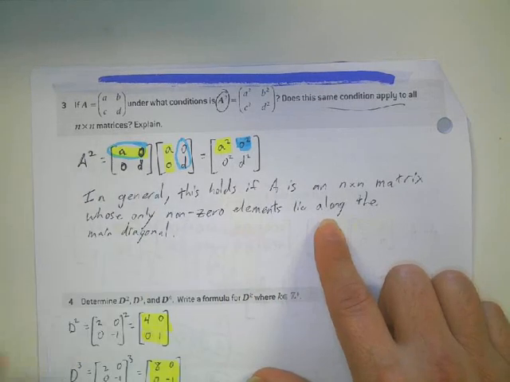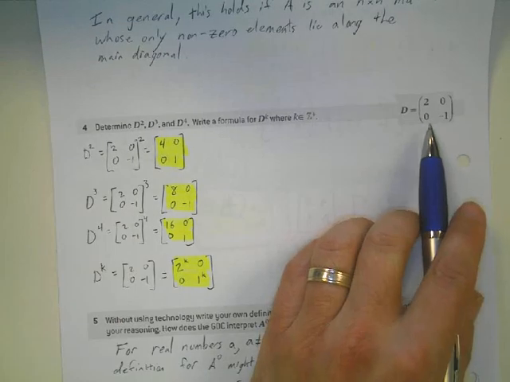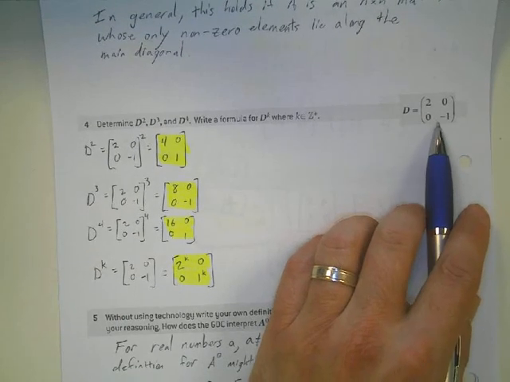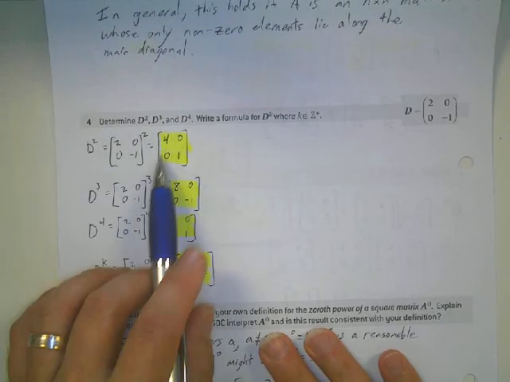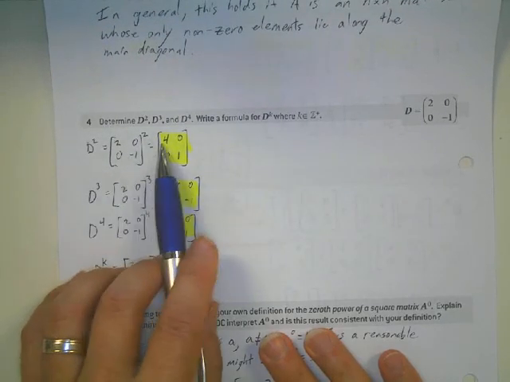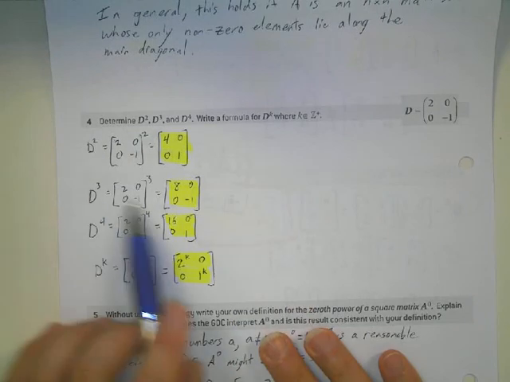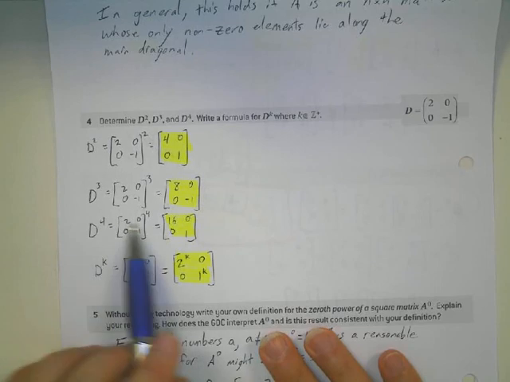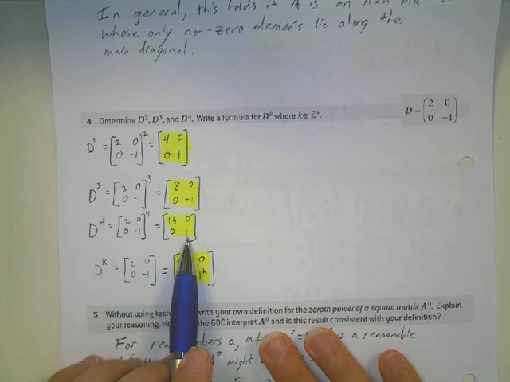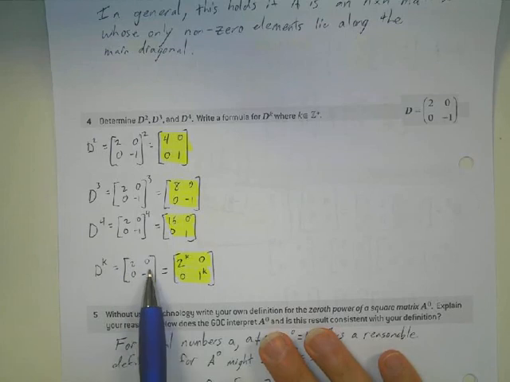Okay. So if we've got this matrix D, and we're applying this rationale, then D squared would be 4, 0, 0, 1, D cubed would be 8, 0, 0, negative 1, D to the fourth would be 16, 0, 0, 1, so D to the k would be 2 to the power of k, 0, 0, 1 to the power of k.